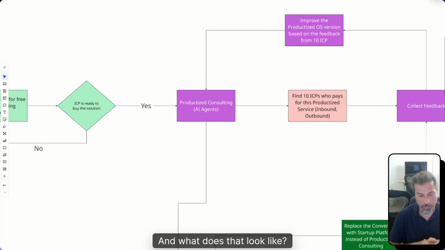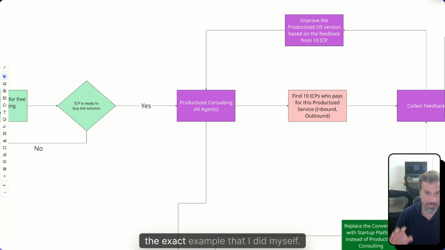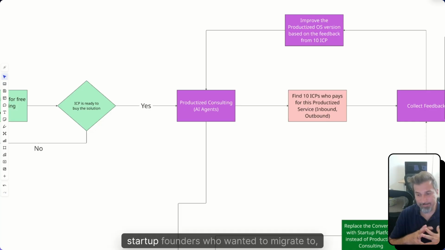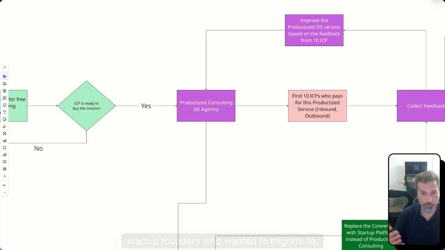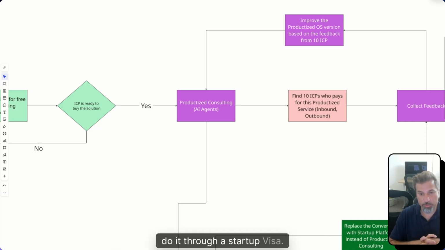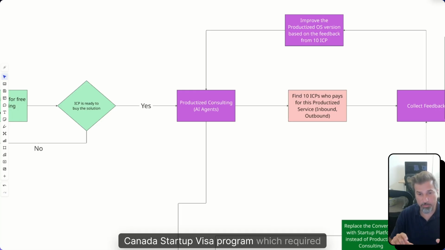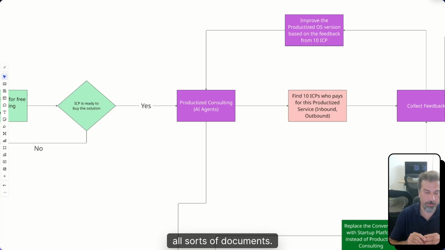And what does that look like? Let's say this is an example, the exact example that I did myself. I used to help startup founders who wanted to migrate to other countries through a startup visa. That was through the Canada startup visa program, which required business plans, all sorts of documents.